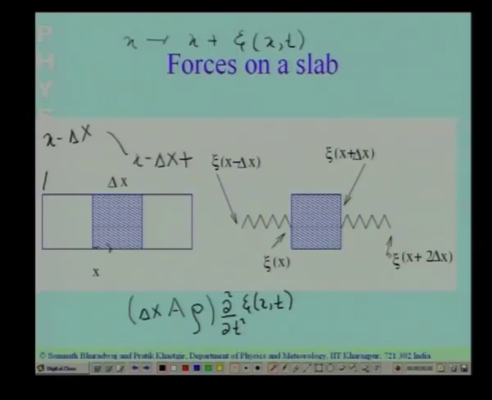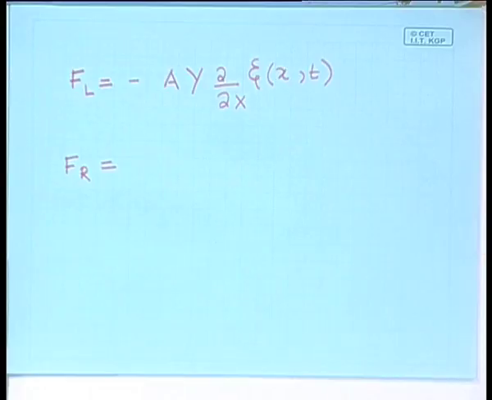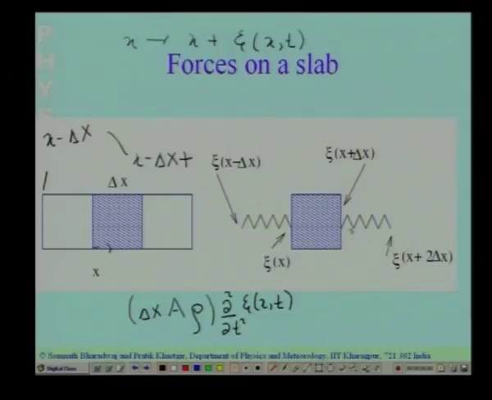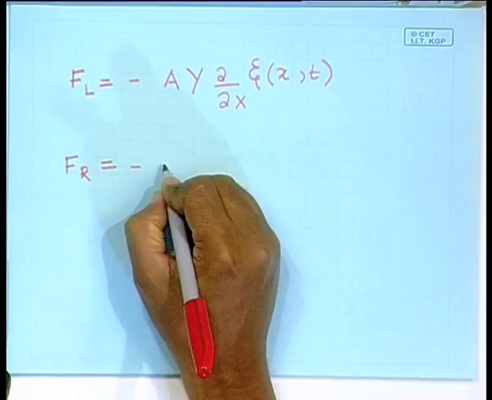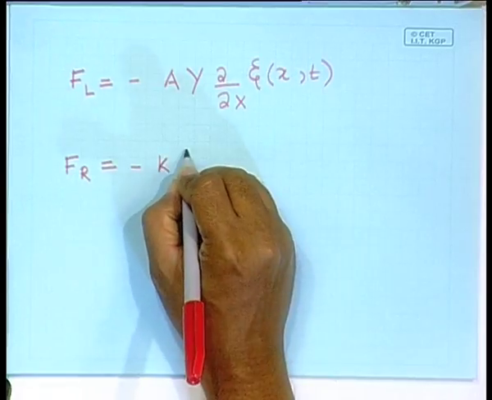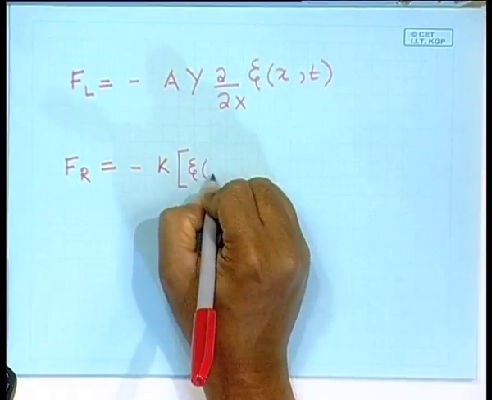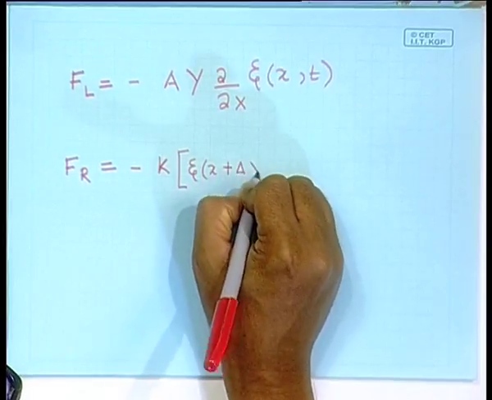How much is the force which is going to act from the right? Let me now focus on that. If I push this element of the spring onto the right, the force that develops is going to be to the left, which tells us that the force from the right is going to be minus k into xi x plus delta x.